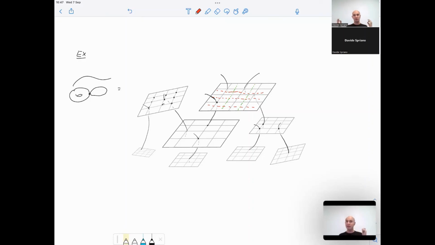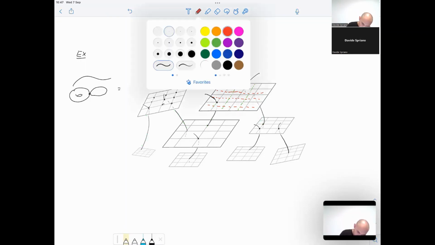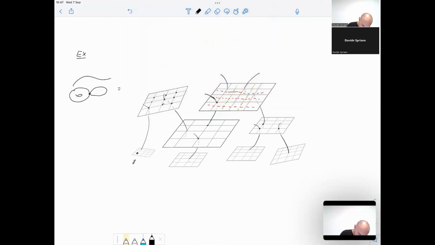So if I now try to separate 2 points, well, the L distance between those 2 points essentially will count 1 for each of those vertical edges I need to go. Let's say 1 point is here, x, and 1 point is here, y. My L distance will count 1 for each of those vertical lines, but will count 1 for each flat.